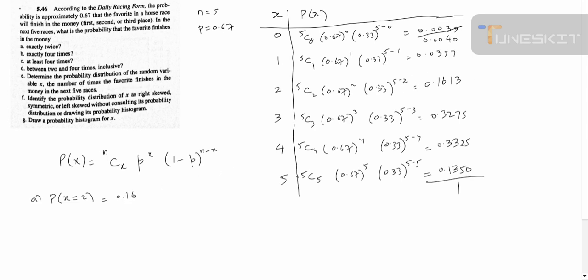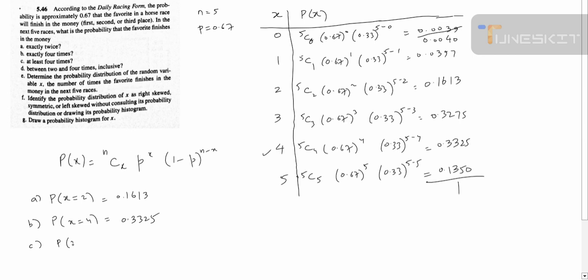So the probability is 0.1613 and the chance is 16.13%. Now part B is exactly 4 times, so we select this probability of 0.3325 to answer part B. Then to answer part C, at least 4 times, that is 4 or more.